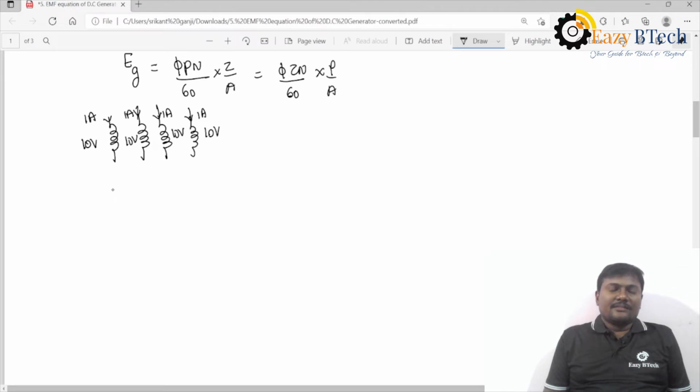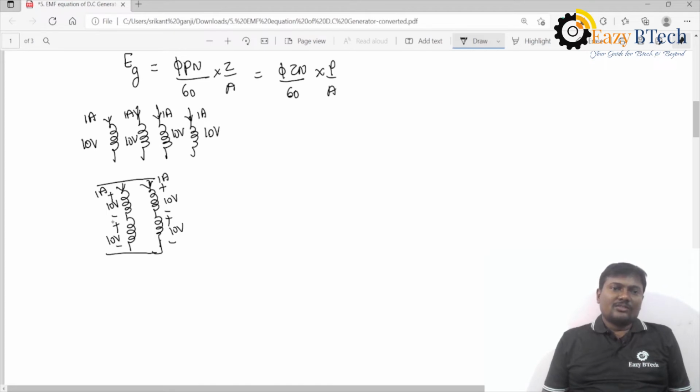I am connecting two coils in series, and another two coils are also connected in series. Now what is the voltage? The voltage across one is 10 volts, and across another coil is also 10 volts.